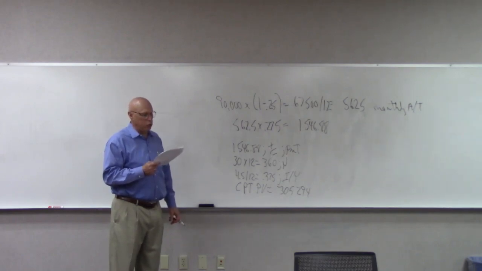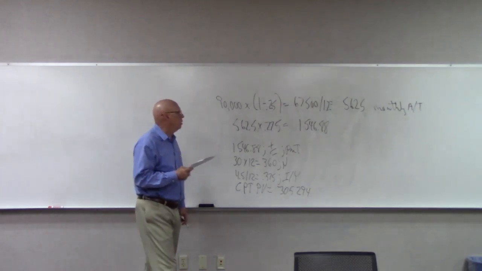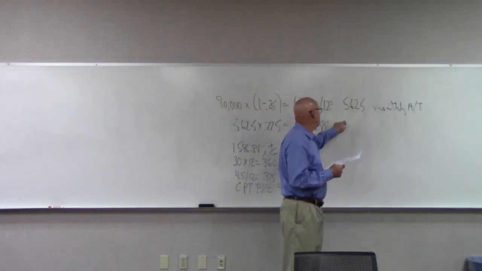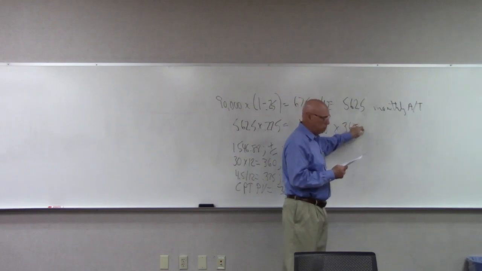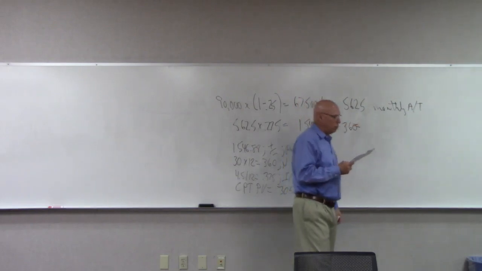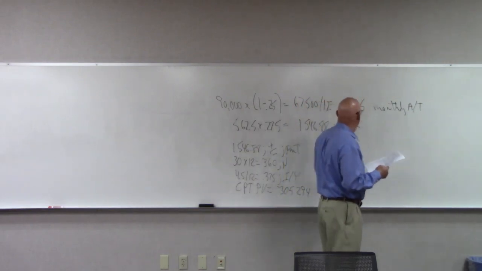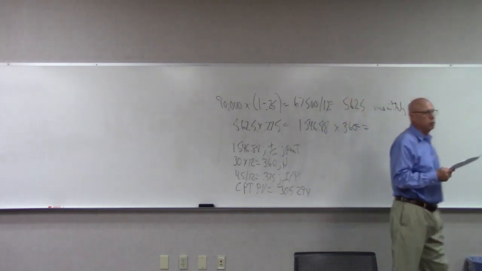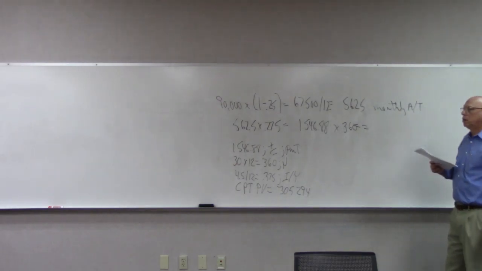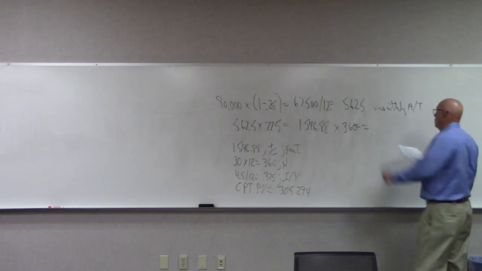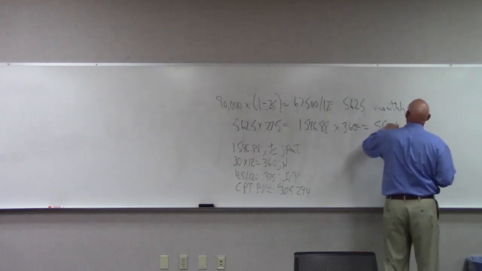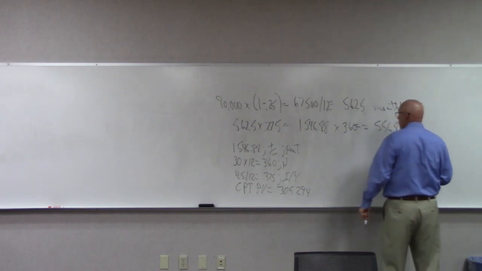Okay. How much interest will they pay over the life of the loan? Well, multiply the 1546.88 times 360. And how much do you get? 556,876. Okay?